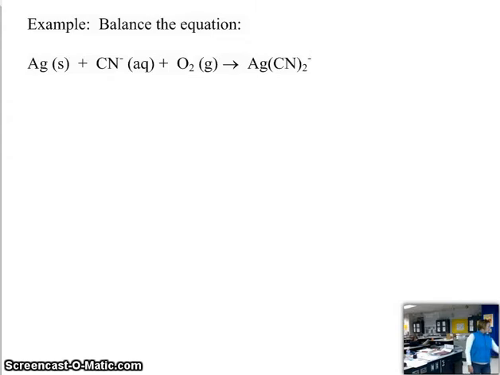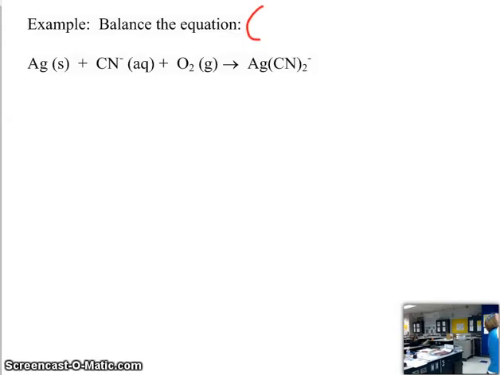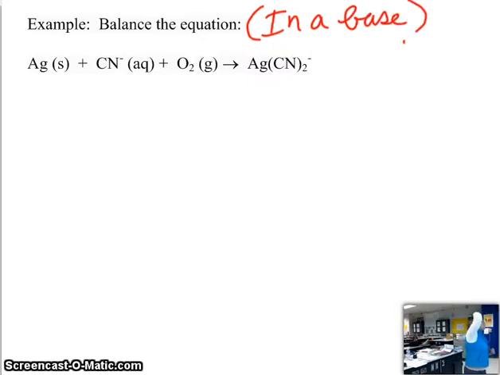Balance the following equation and we'll assume it's in a base. Okay, so we'll need to assign charges. Silver's by itself at 0, oxygen's by itself at 0, silver's in a compound, it's +1. Carbon and nitrogen are not changing because they're both in the cyanide ions, so it's not necessary to really assign their charges.